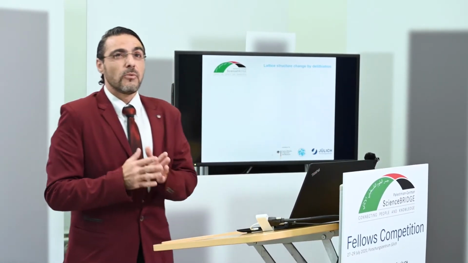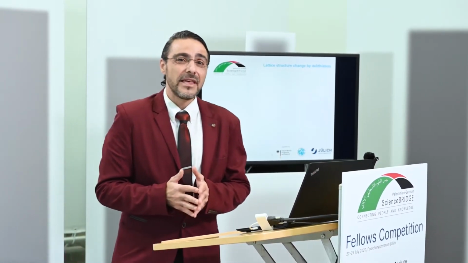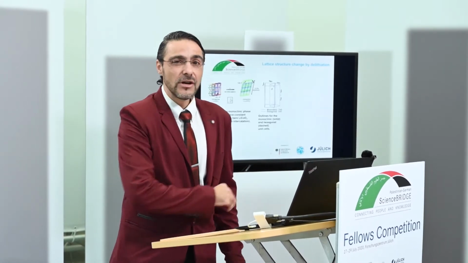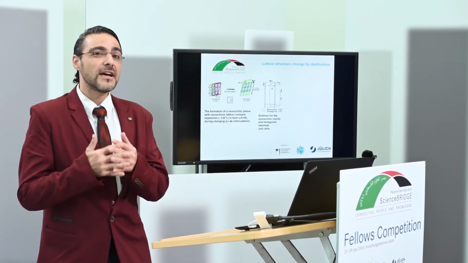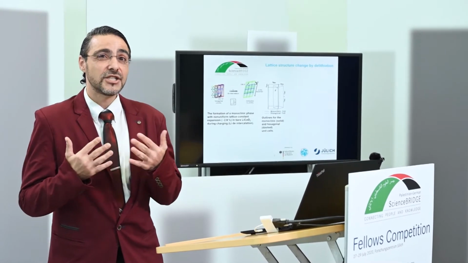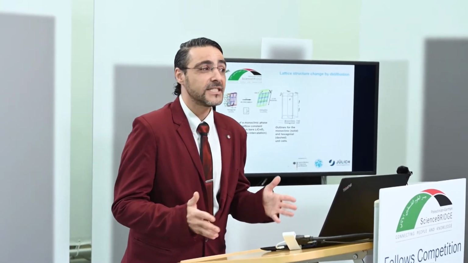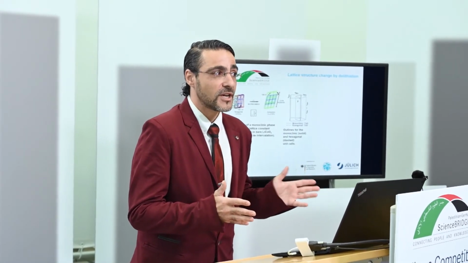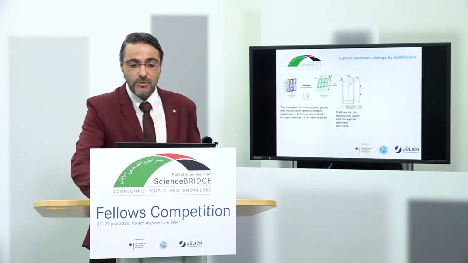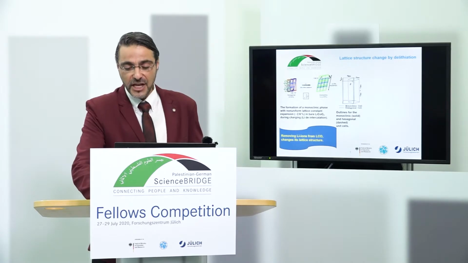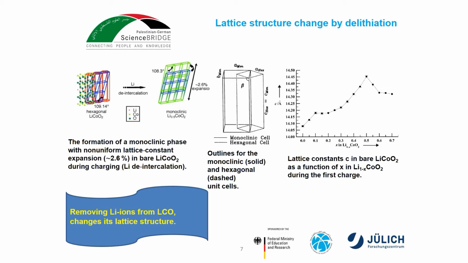So, what's the problem with lithium cobalt oxide? During the delithiation, there is a change in the lattice structure from the hexagonal phase to the monoclinic shape, which means that there will be a change in the volume expansion. It will expand more in the C direction.